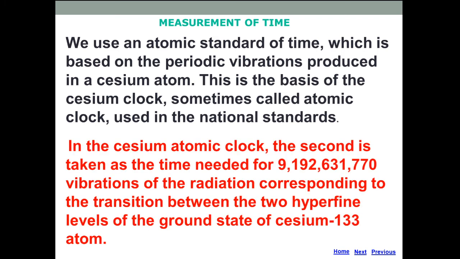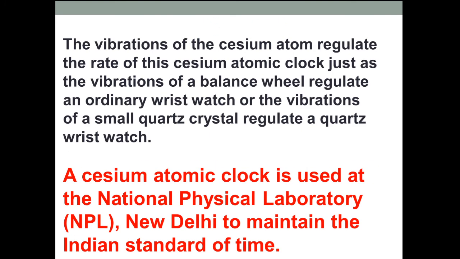In the cesium atomic clock, the second is taken as the time needed for 91926317770 vibrations of the radiation corresponding to the transition between the two hyperfine levels of the ground state of cesium-133 atoms.